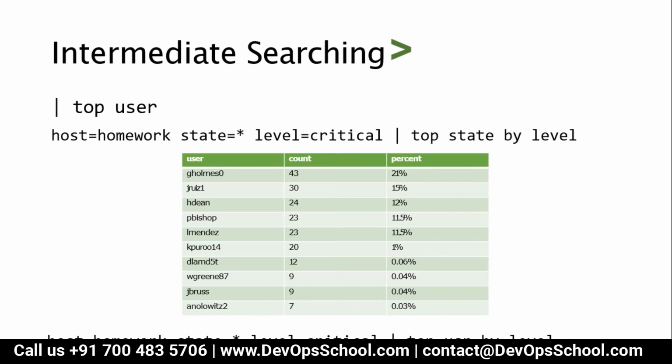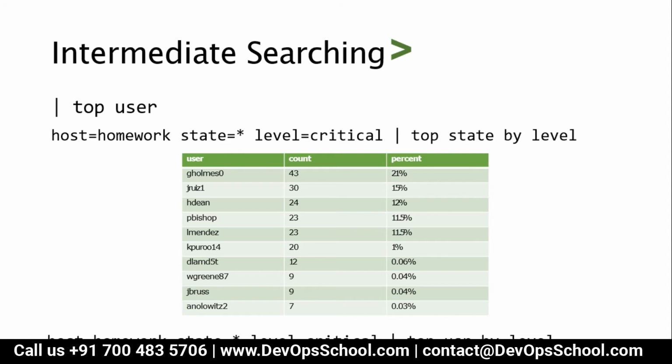Here you see host is equal to homework. While pushing the data, you have to set homework as the host name. Then it has a field, it can be anything, or state, and label should be critical.